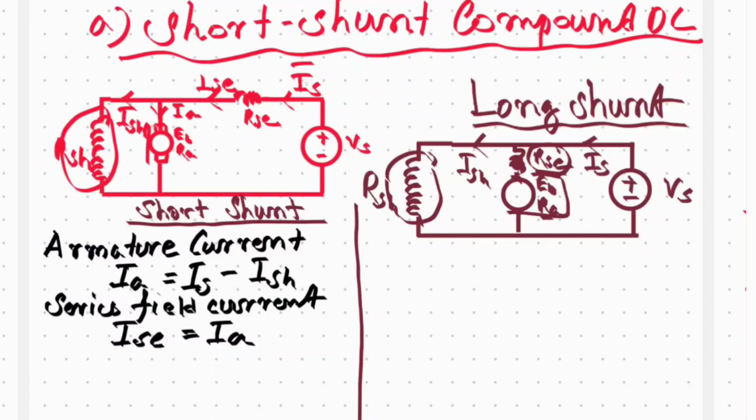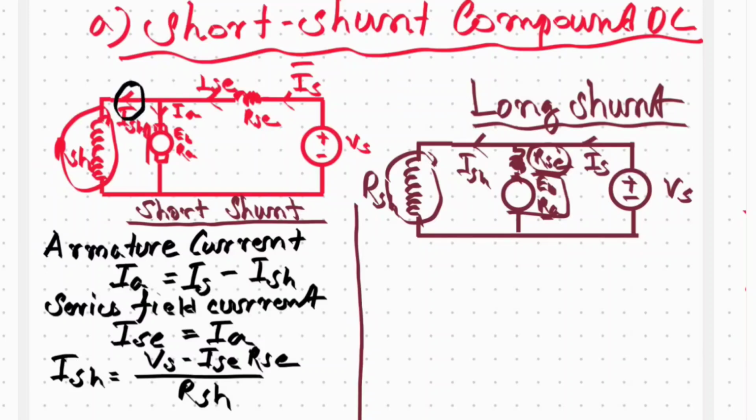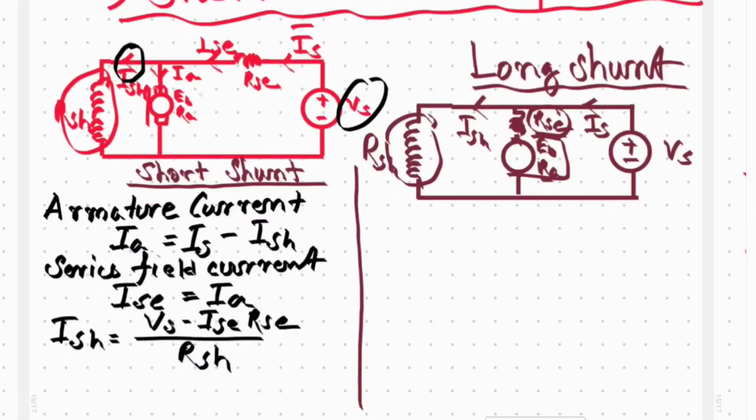The shunt field current ISH is equal to (VS minus ISE RSE) by RSH, that is, VS minus the drop across the series field, ISE RSE, divided by RSH.